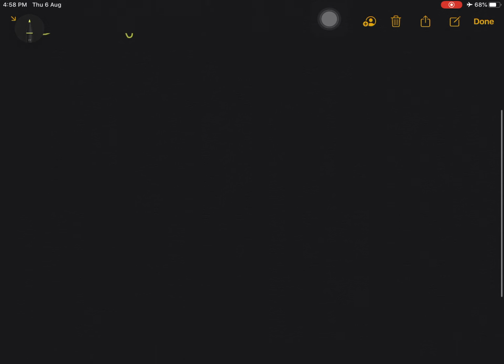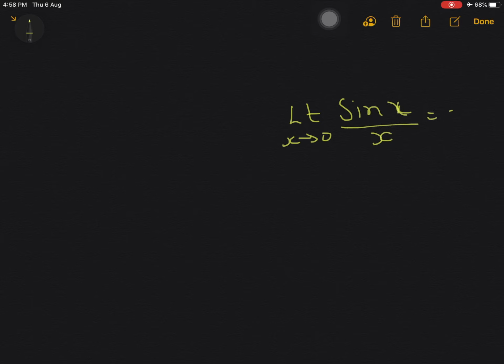In the previous lecture we discussed the standard formulas to solve trigonometric limits. The first one is limit x tending to 0 of sin x by x is equal to 1. Another one is limit x tending to 0 of tan x by x is equal to 1.